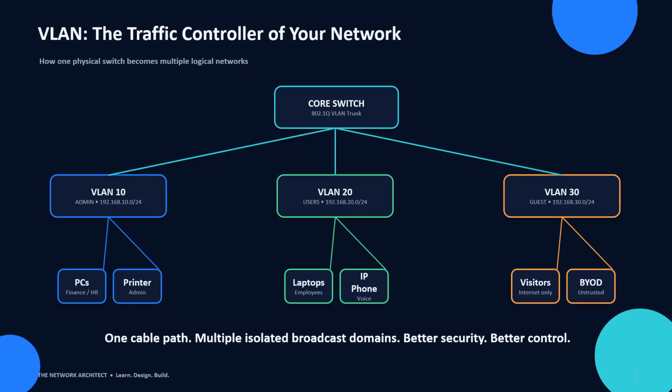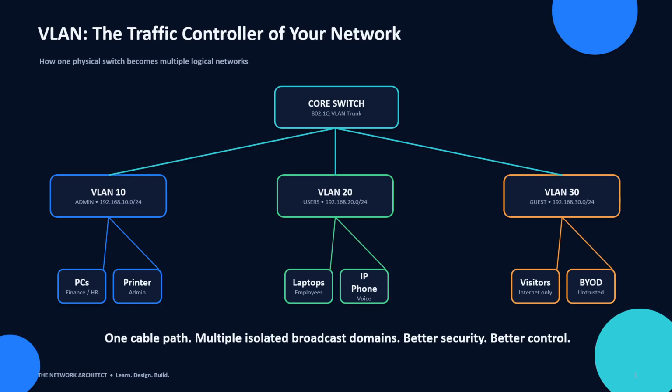Let us take an example. We have administration users, normal employees, guest users, IP phones, CCTV cameras, and servers. Now if all these devices are placed in one single network, everything is mixed together.